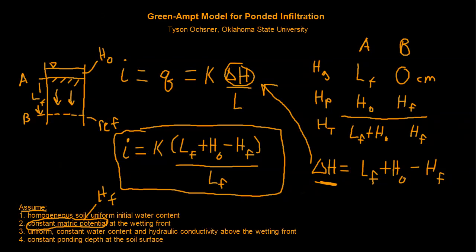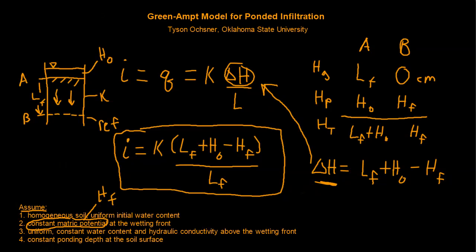And it shows us a couple really key things about the infiltration process. First of all, think about what is changing over time. We said that the hydraulic conductivity in this wetted zone, K, is constant, so that's not changing. The ponding depth at the surface, H0, is constant, it's not changing. And the head at the front, this pressure head at that wetting front, is also constant.